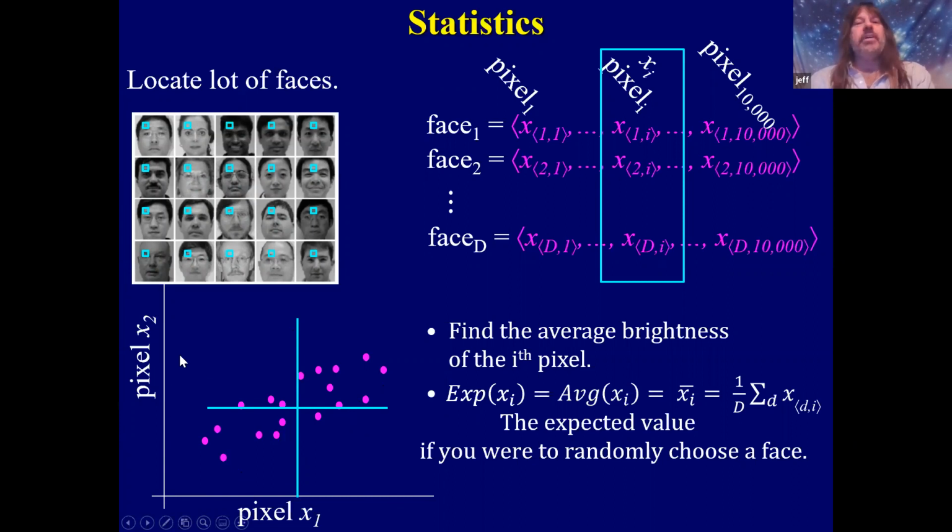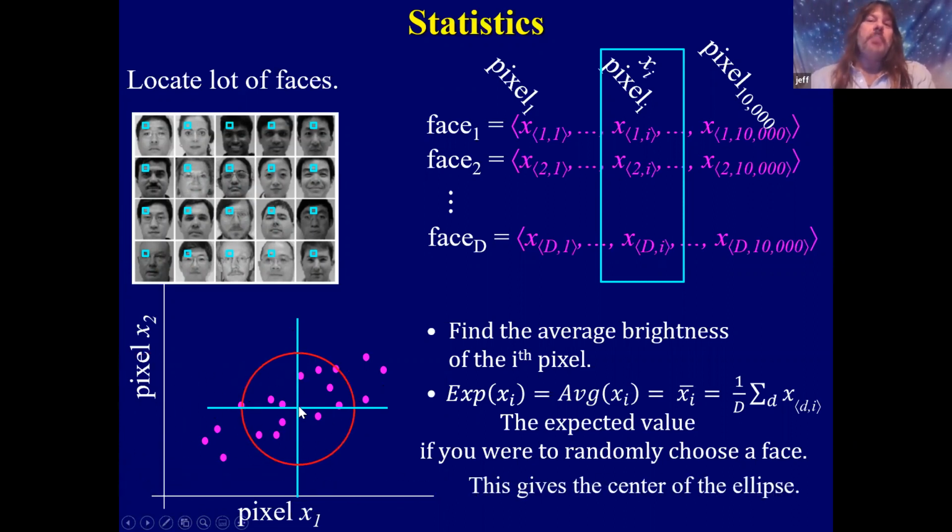You do that for each pixel, and that locates one point in space, the intersection of all of these lines. That's kind of the middle of our data, and that's going to be the center of our ellipse. Our goal is to form an ellipse, and we start by forming its center, which is the average of all of the data. Does that make sense?